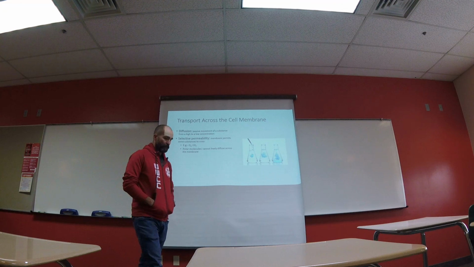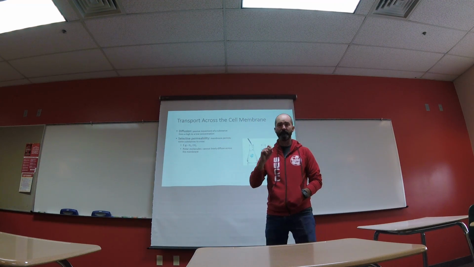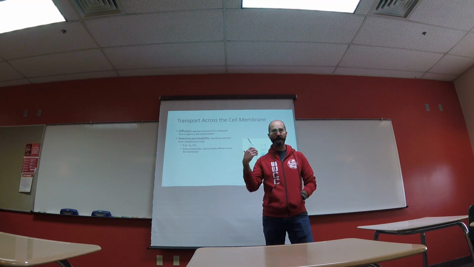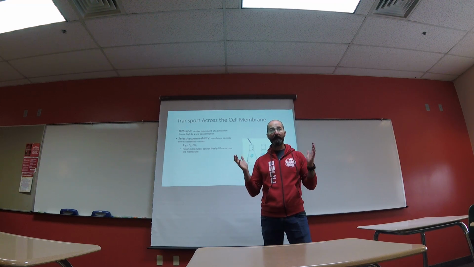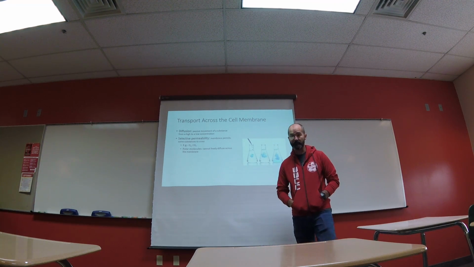Membranes are selectively permeable. What that means is membranes will naturally allow some substances to diffuse across them, and other substances they are going to repel. That's a product of the dual nature of the phospholipid molecule that makes up most of the plasma membrane.